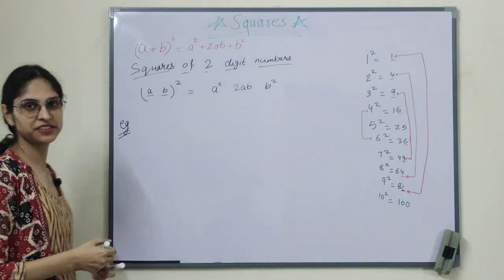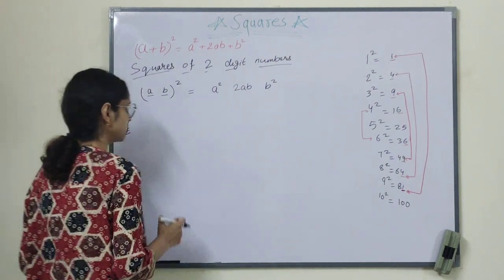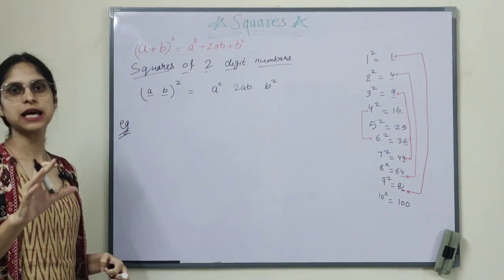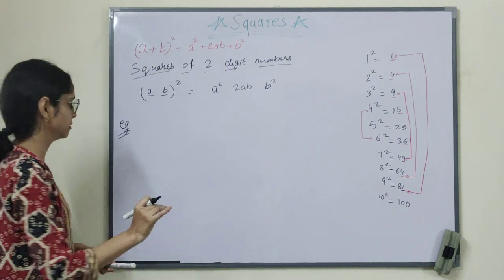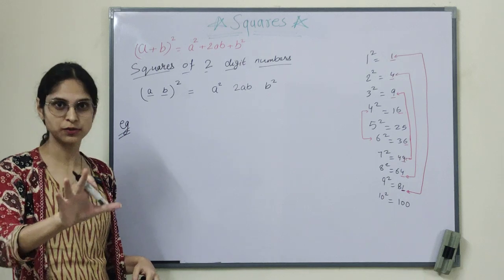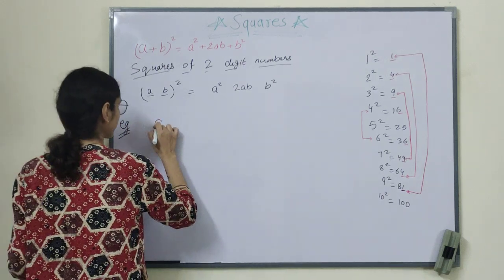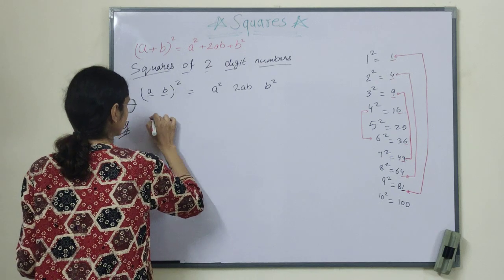Alright. So we have taken 39 square. So let's take a bigger number now. For example, 97 square. We have done 79, so not 97 because it will just be the reciprocal. The answer will be different, but let's say we take 94 square.